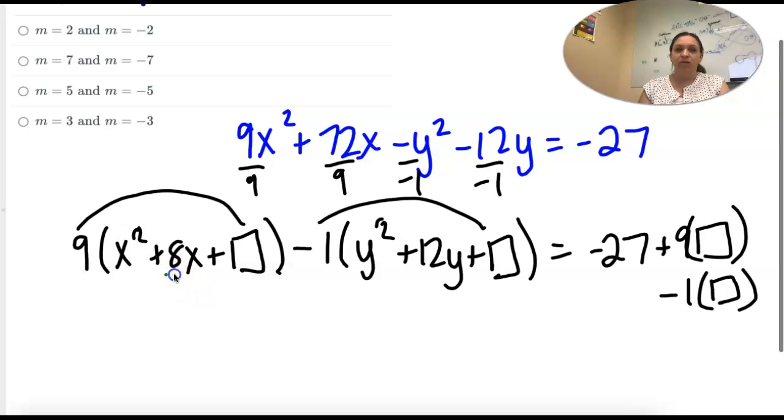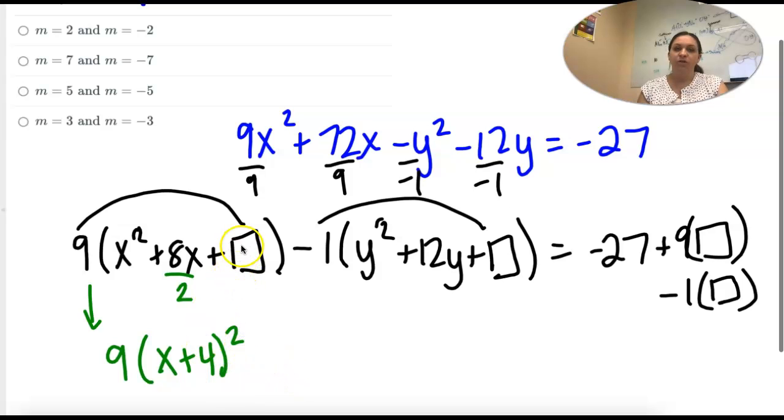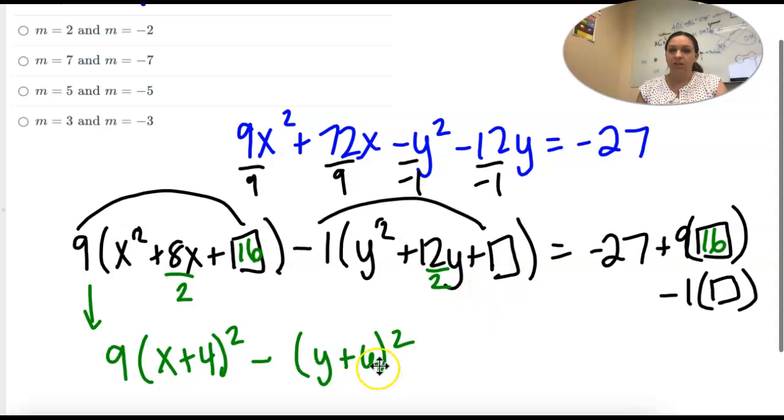Complete the square. Middle term divide by 2. Bring down your front. So x plus 4 squared. 4 squared is 16. Minus, divide by 2, y plus 6 squared. 6 squared is 36.